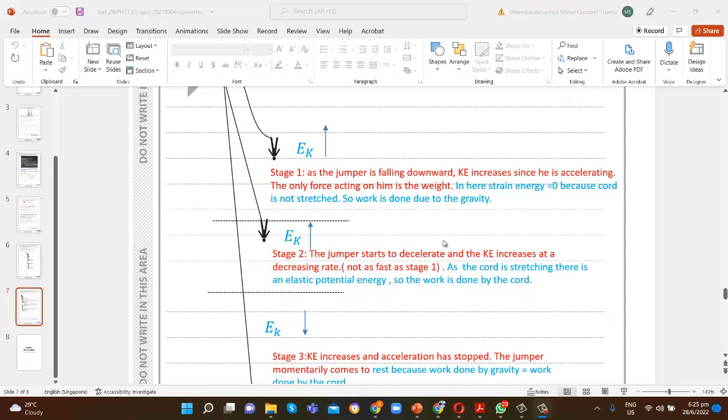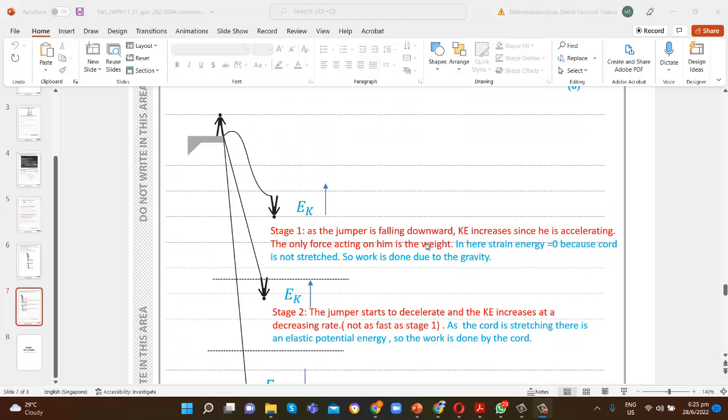Okay, so stage 1, as the jumper is falling downward, what will happen? Kinetic energy increases. Why? He is accelerating. So the only force acting on him is the weight. So here strain energy is 0 because the cord is not stretched.